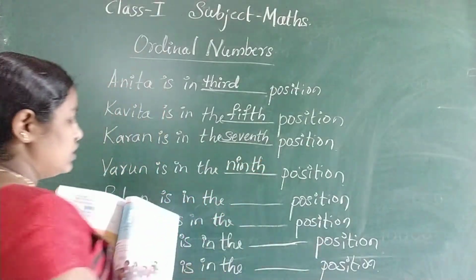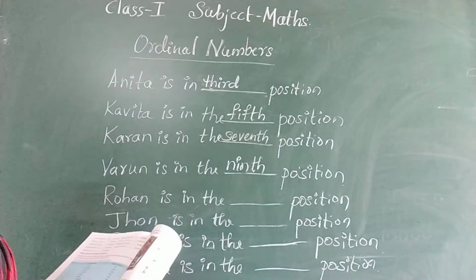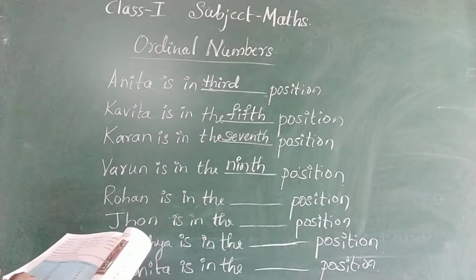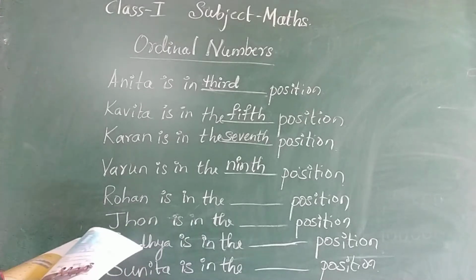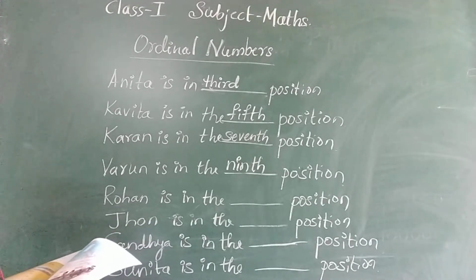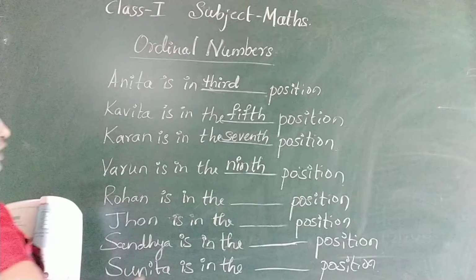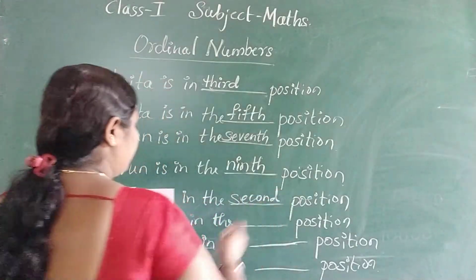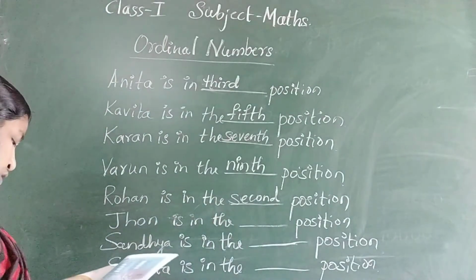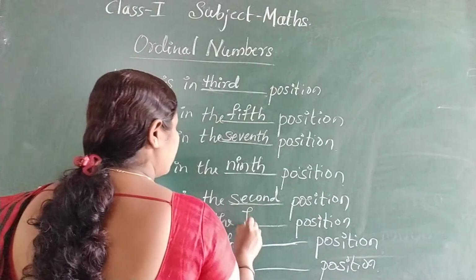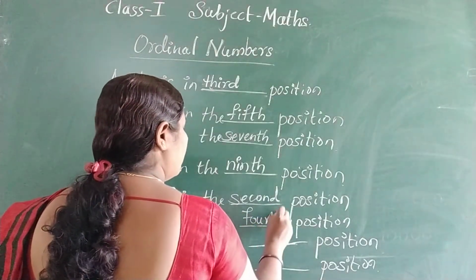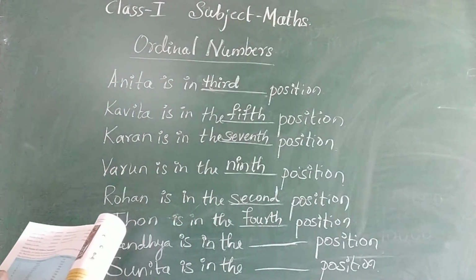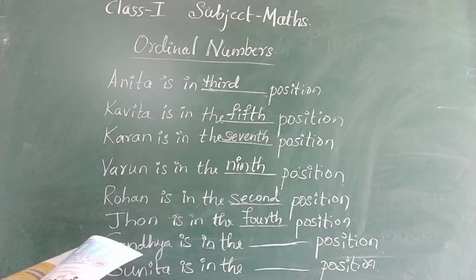N-I-N-T-H. 9th position. Then Rohan. Where is Rohan? So Rohan is in 2nd place. Then John. John is in 4th. F-O-U-R-T-H. 4th position.